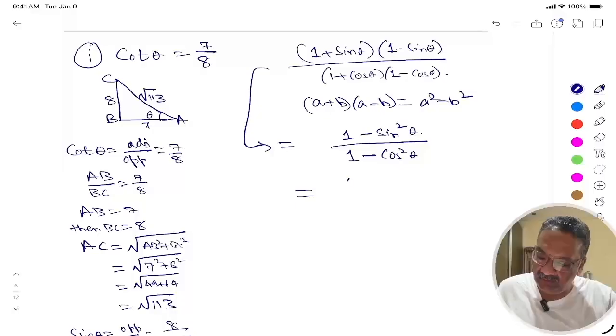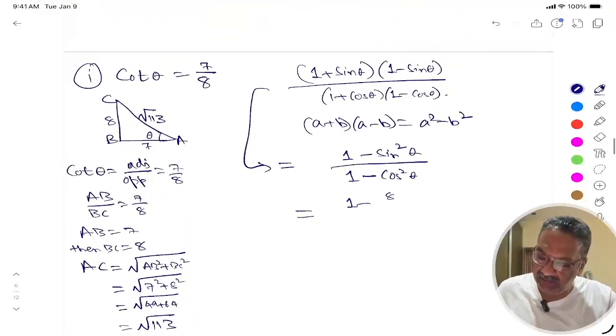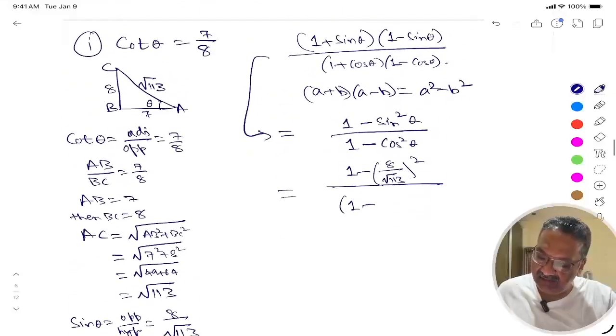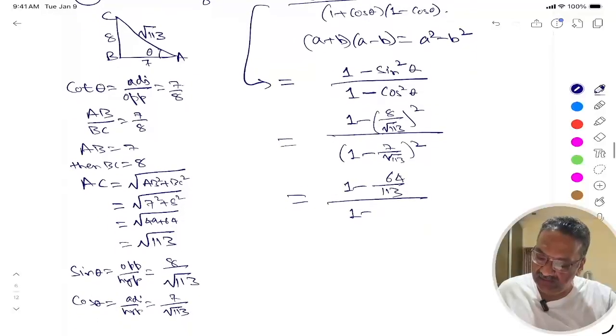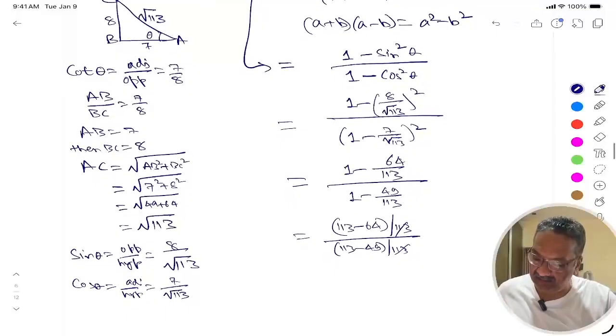So this is equal to 1 minus sin theta, which is 8 by square root of 113 whole square, divided by 1 minus 7 by root of 113 whole square. This is equal to 1 minus 64 by 113 divided by 1 minus 49 by 113, is equal to 113 minus 64 divided by 113, 113 minus 49 by 113. 113 gets cancelled, it becomes 49 by 64.